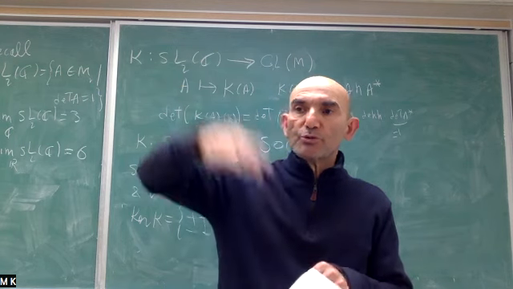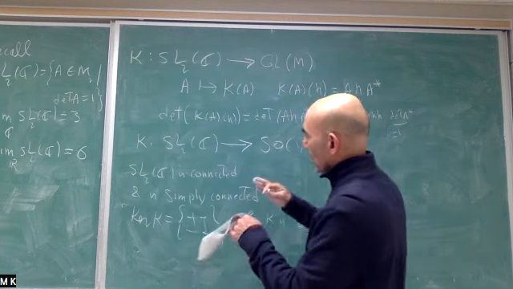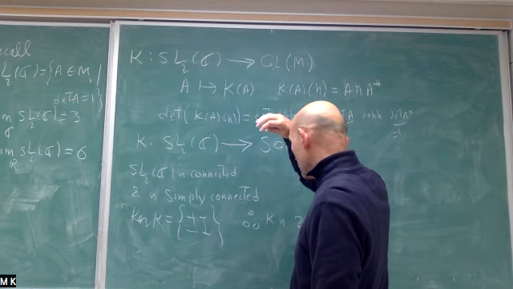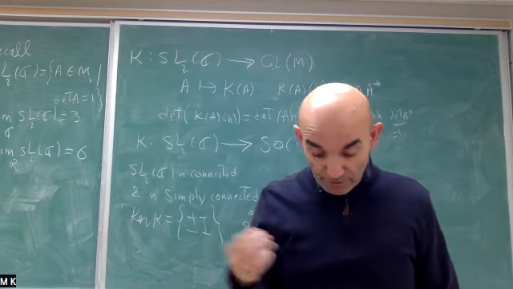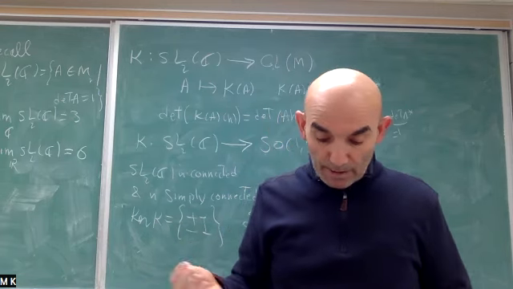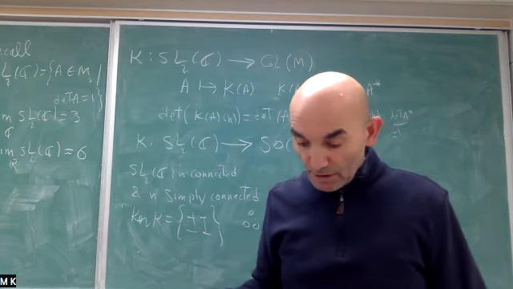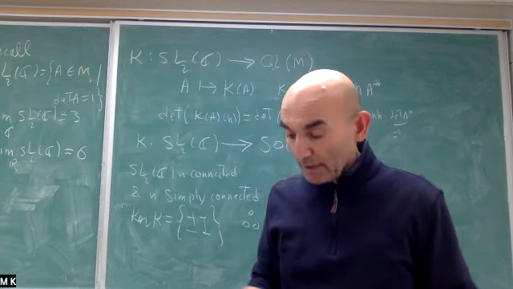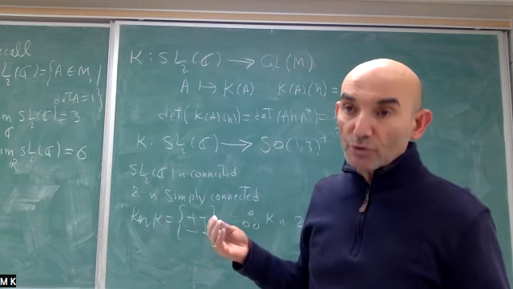So it's not going to do too many bad things in the neighborhood of the identity. So if we have a map from this connected Lie group which is a local diffeomorphism, the image is going to be connected, and from this basically follows that the map is going to be onto.